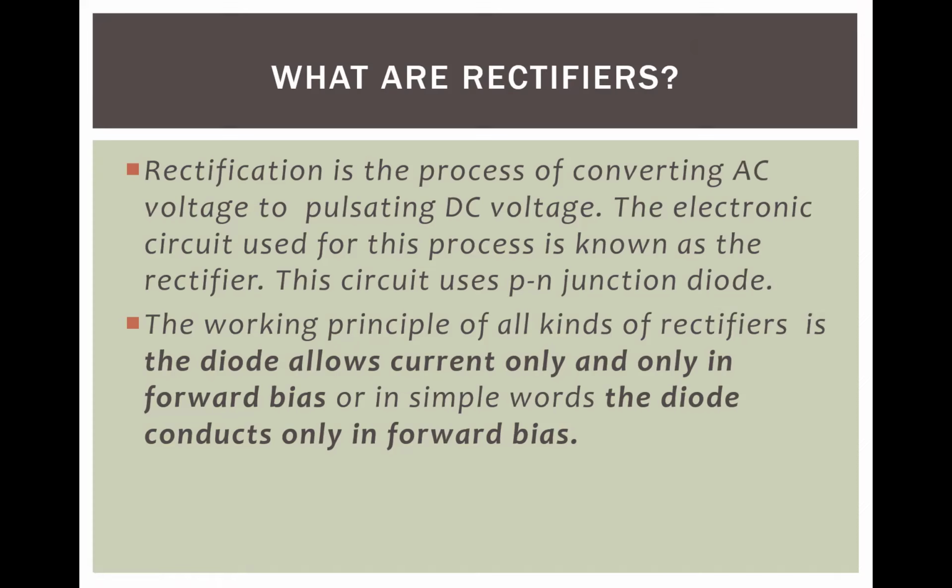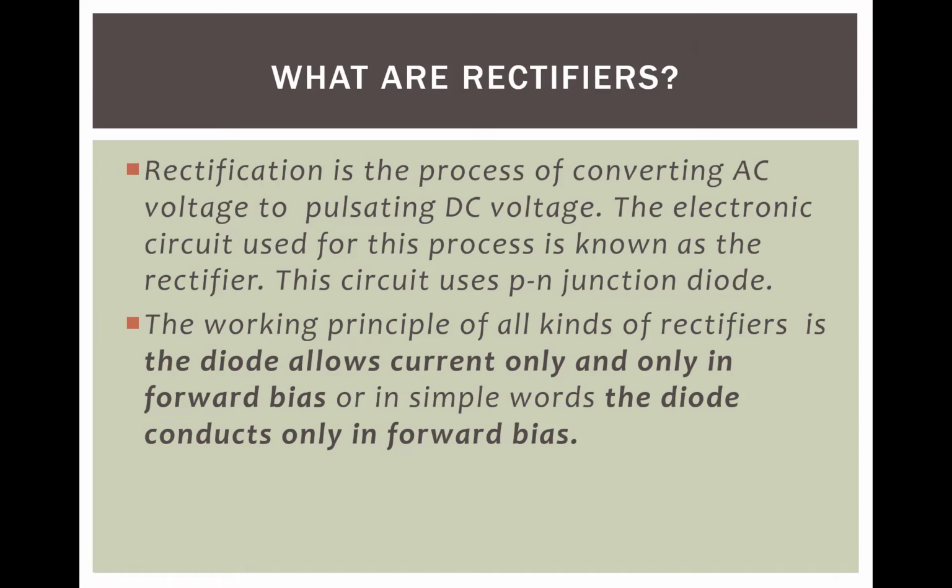The diode works only in forward bias and doesn't conduct in reverse bias. This is the major operation of a diode. By using this operation, we use the diode in rectifiers for converting AC into pulsating DC voltage.